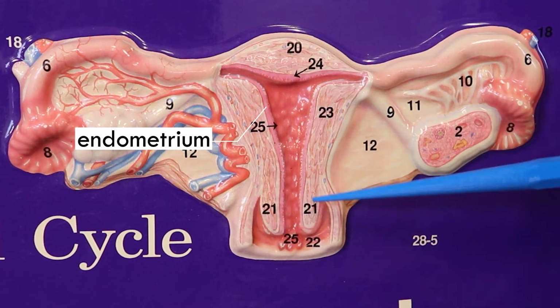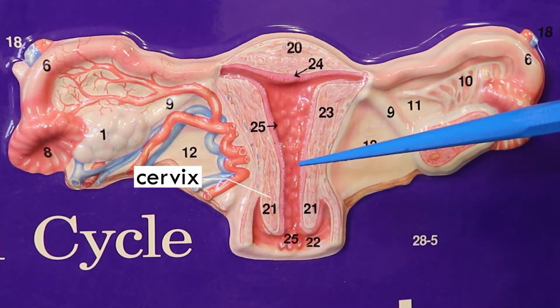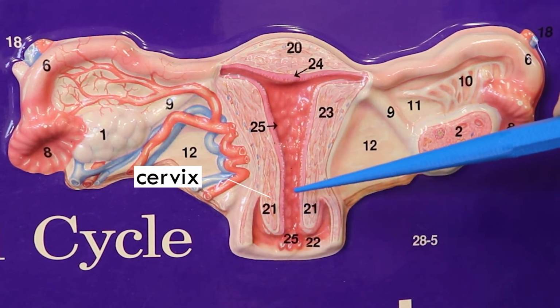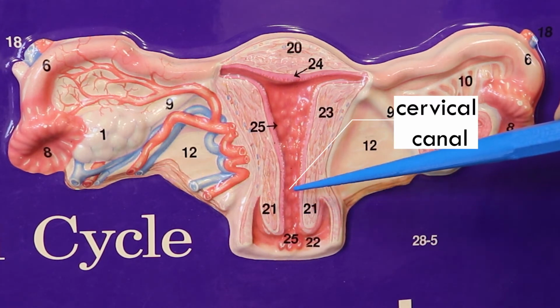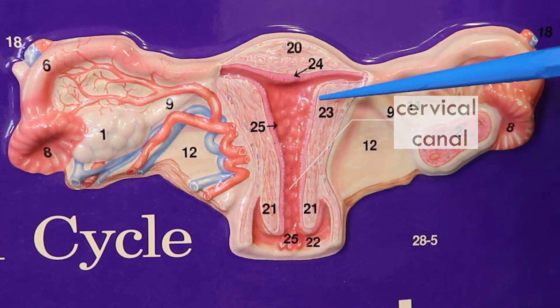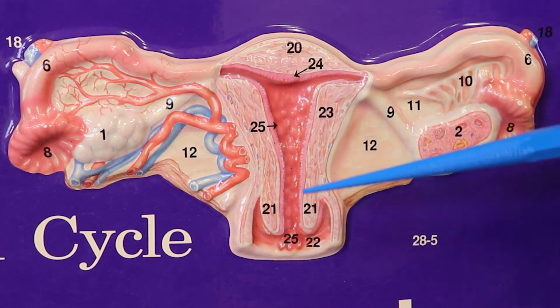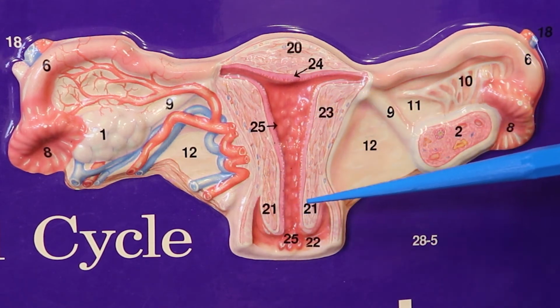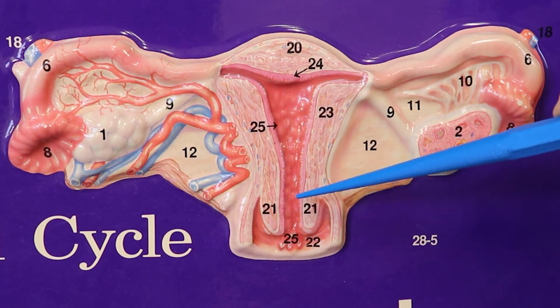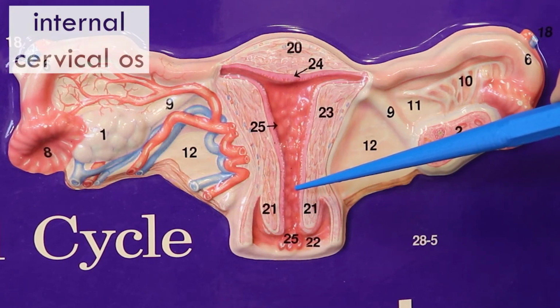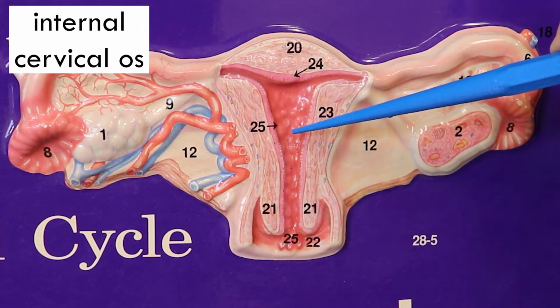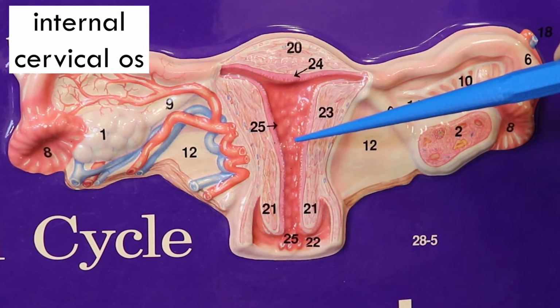The cervix, the narrowed portion, has what's called the cervical canal inside. The cervical canal opens into the body of the uterus. So this area is the cervix. The inner part of the cervix is the cervical canal. The internal cervical os empties into the body of the uterus.